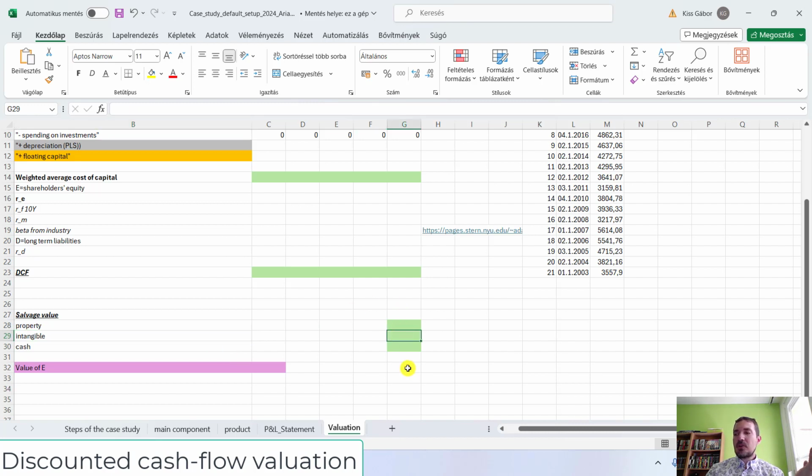For example, Ariane Space is quite famous for their metal 3D printing technology, so that can be really useful. Sometimes they just license it to other companies. And also the cash reserve accumulated in the 5th year. All of them must be present valued backwards into today's time.